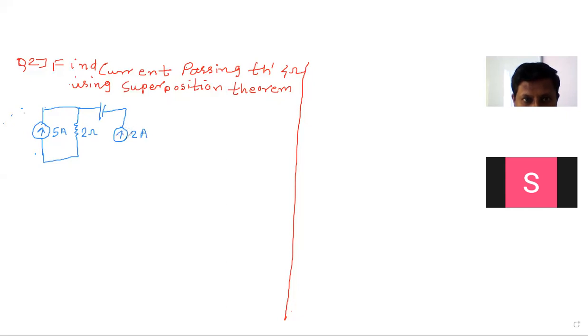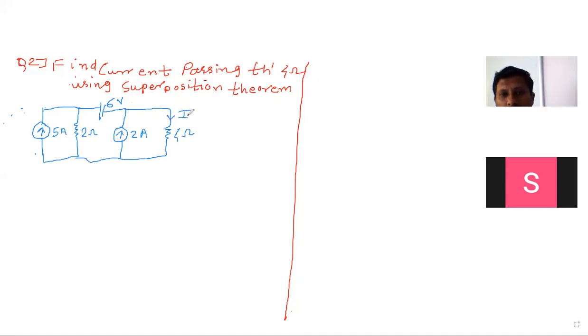This will be 2 ampere. This will be 6 volt. And here it is 4 ohm. And you need to find out this current I. So this will be the question, and we have to solve this numerical example now. Find the current passing through the 4 ohm resistor using the superposition theorem.